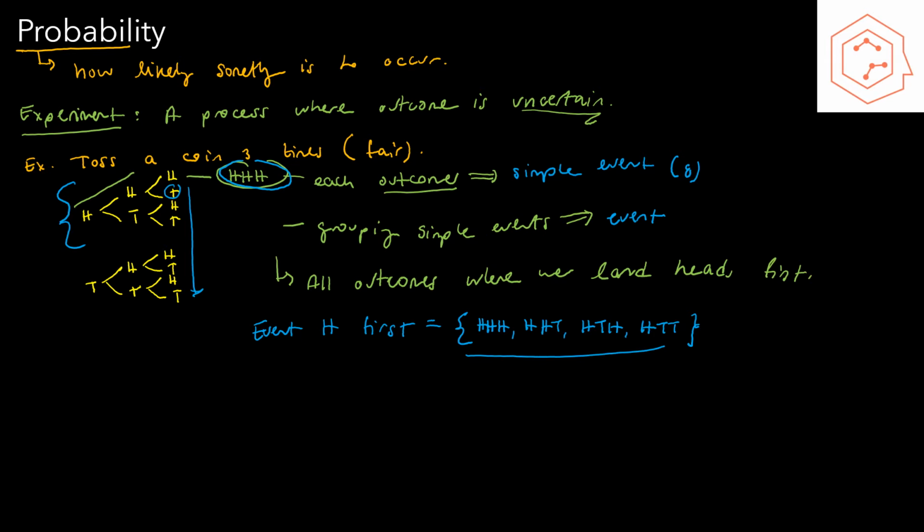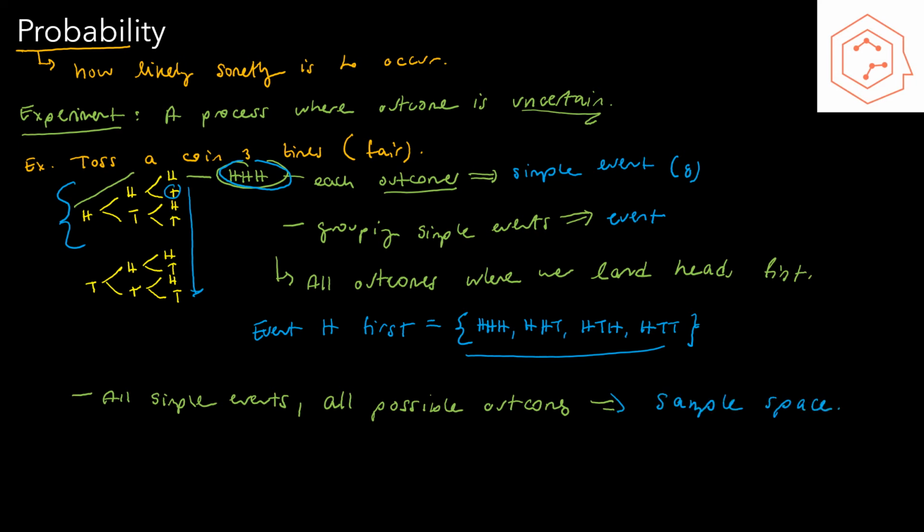And the collection of all simple events, in other words, all possible outcomes, that's called your sample space. So usually the sample space takes the letter S, and in this case it's equal to all the outcomes.